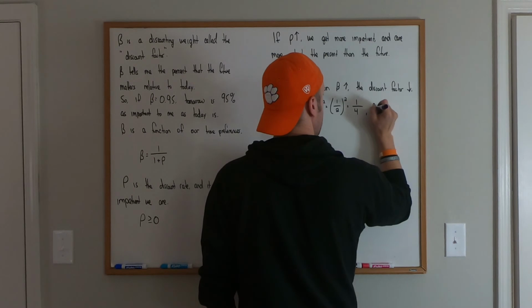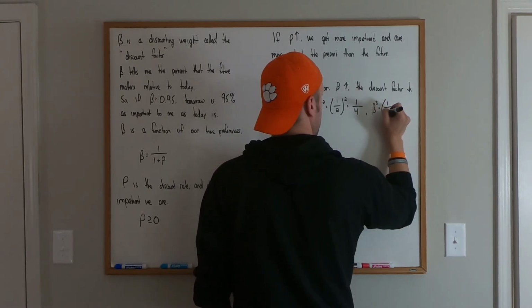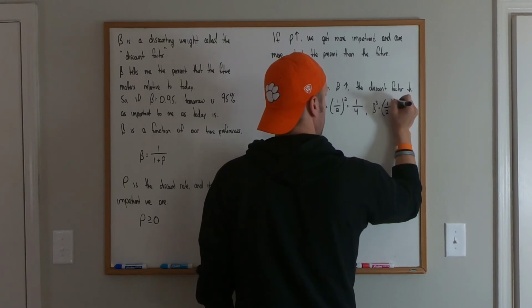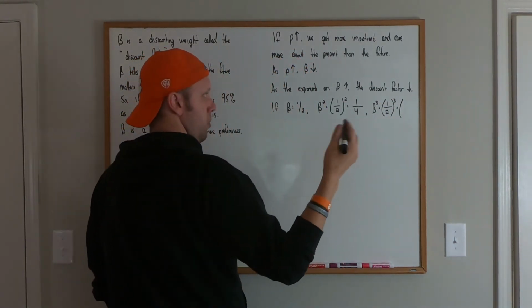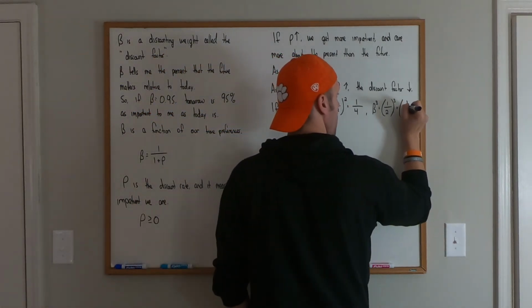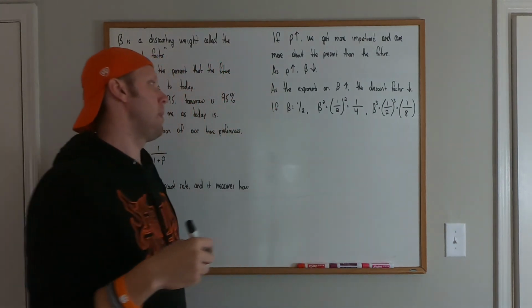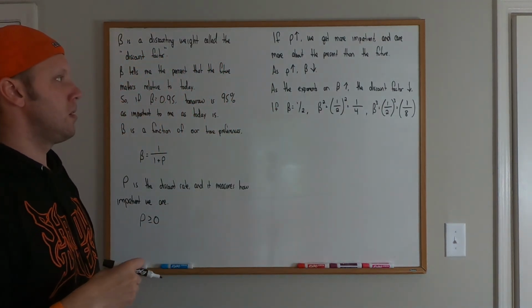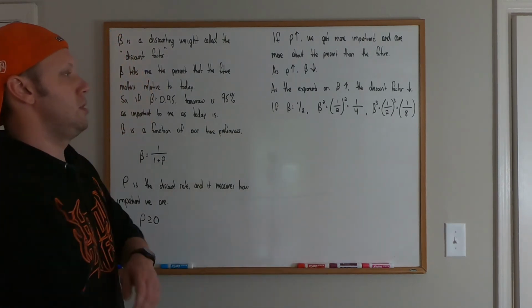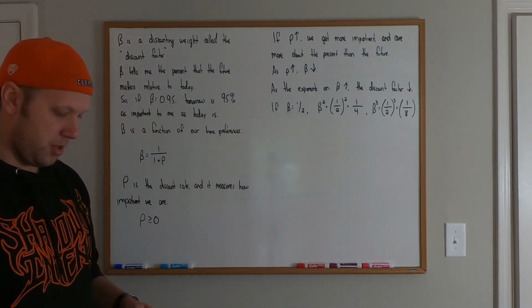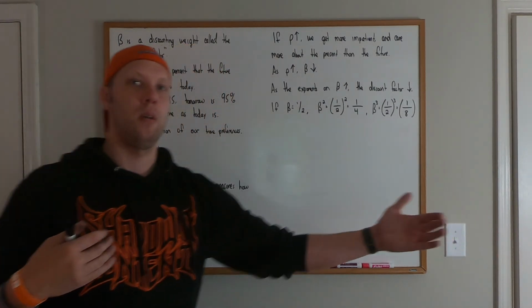Beta cubed, 1/2 cubed: 1 cubed is 1, divided by 2 cubed is 8. So it forces future utility to get smaller the further out we go.